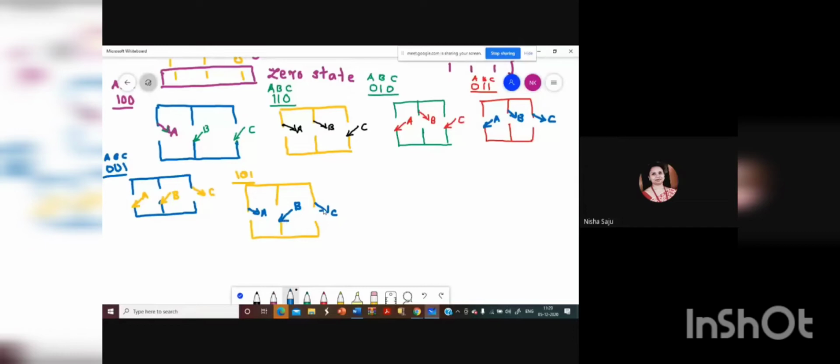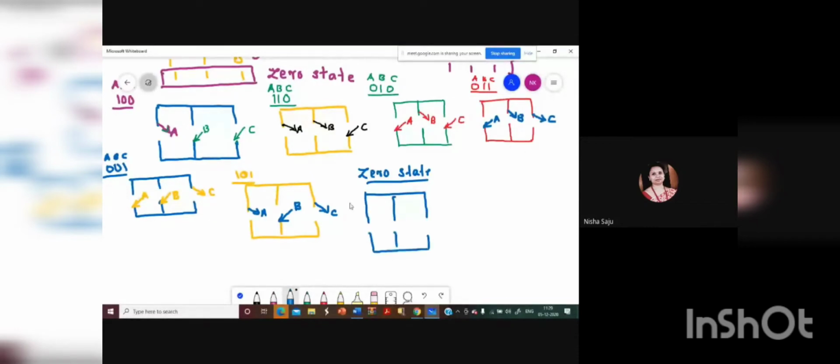Suppose I am drawing the 0 vector, because 2 redundant states are there that do not contribute to the output voltage. So the 2 zero state vectors are inverter states. How can we draw this inverter state? Again, you will have 2 combinations.